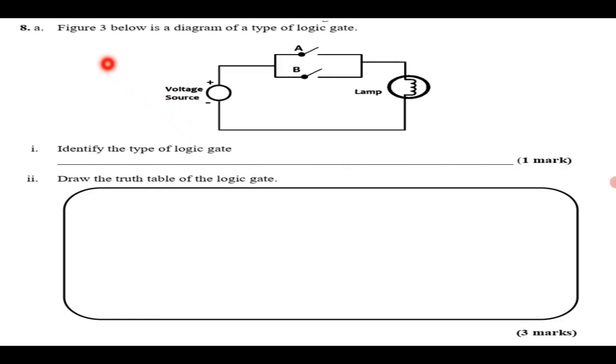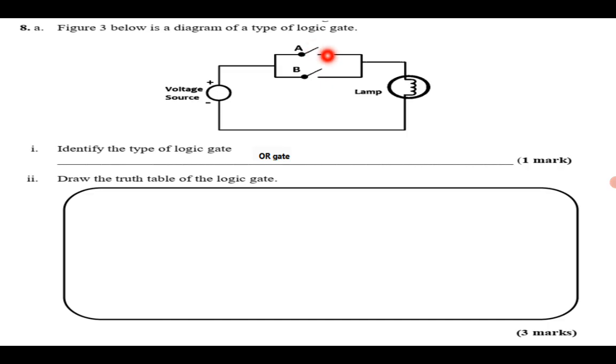The figure below shows a diagram of a type of logic gate. Alright, so I'm sure this is the logic gate. It consists of two switches which are in parallel. Identify the gate. This gate is called OR gate. It's an OR gate. Why? Because for current to flow, it's either A has to be closed or B has to be closed.